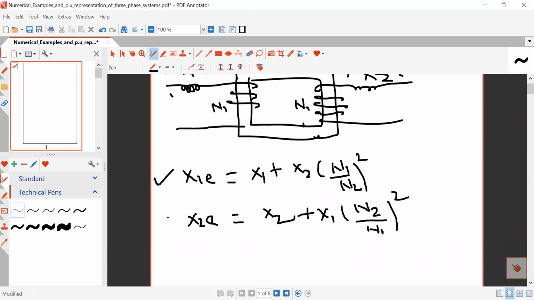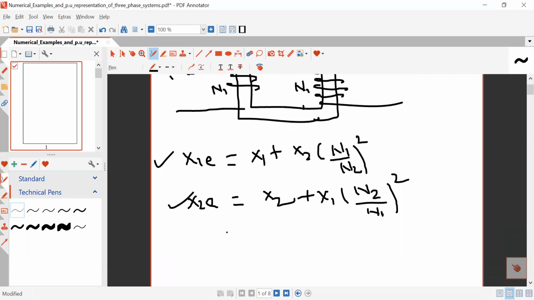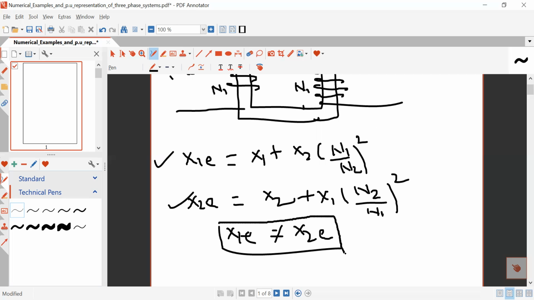And from these two formulas, it is clear that X1E is not equal to X2E for a step up or step down transformer, because in a step up or step down transformer N1 will not be equal to N2. So the total reactance or resistance referred to the primary will not be equal to that referred to the secondary.